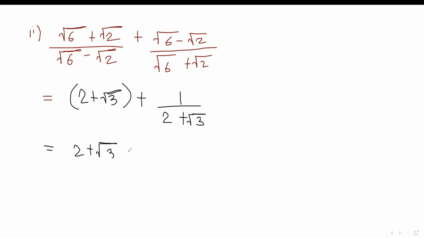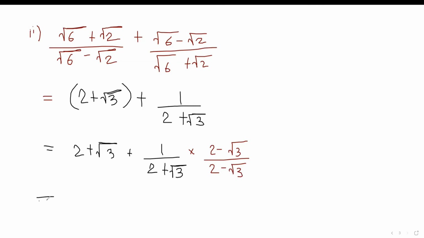We're going to multiply the numerator and the denominator by the conjugate of the denominator. And the conjugate of this denominator, 2 plus root 3, is 2 minus root 3. So we multiply by 2 minus root 3 over 2 minus root 3. So multiply by that.